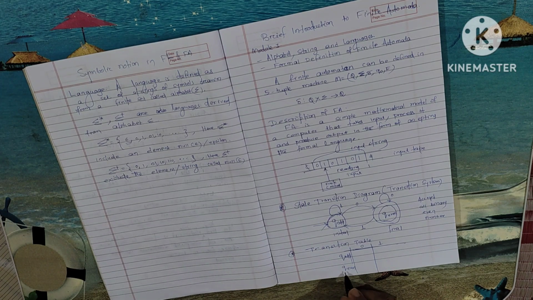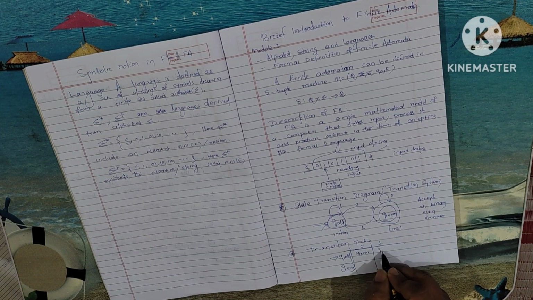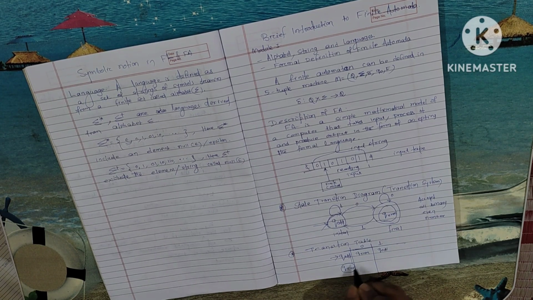Whichever is the final state, put it in a circle, and for the starting state, put an arrow mark. Q odd on 0 goes to Q even, Q odd on 1 stays Q odd, Q even on 0 stays Q even, Q even on 1 goes to Q odd.